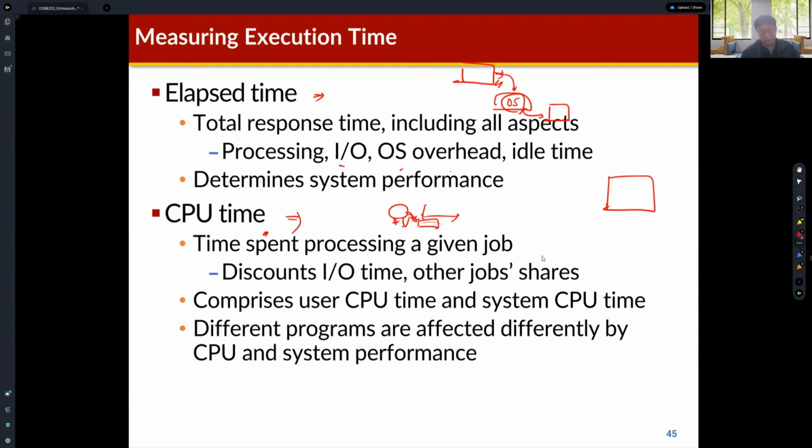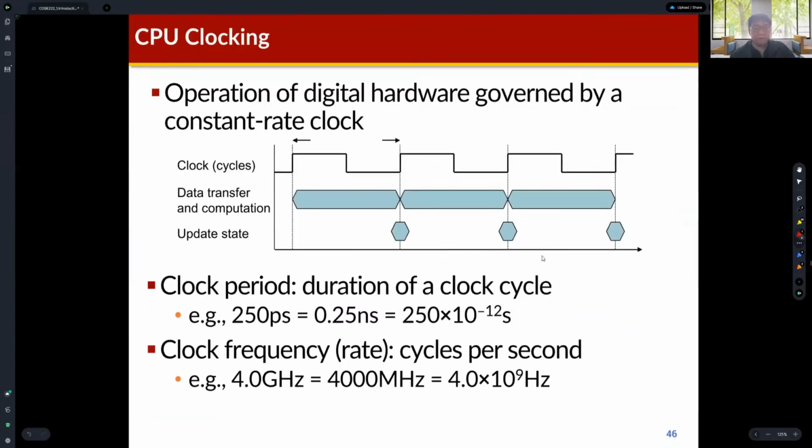This elapsed or response time is called CPU time. Okay. So if we compare the performance of two processors or CPUs, that means we just compare the CPU times.